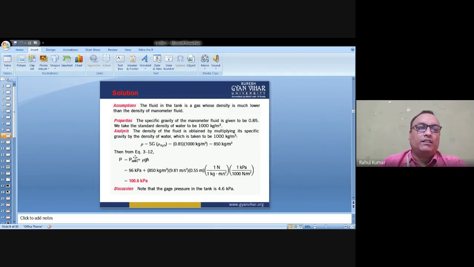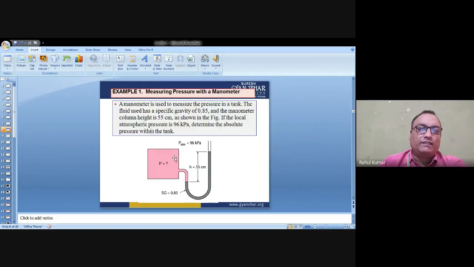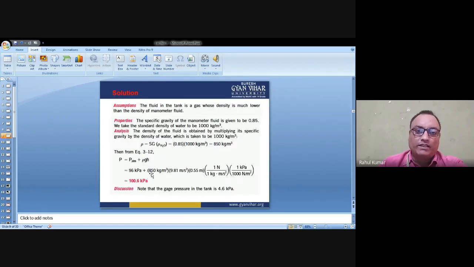Then the equation P equal P atmosphere plus rho gh. The atmospheric pressure is 96 kilopascal. Then 850 kg per meter cube, 9.81 meter per second squared, and 0.55 meter.